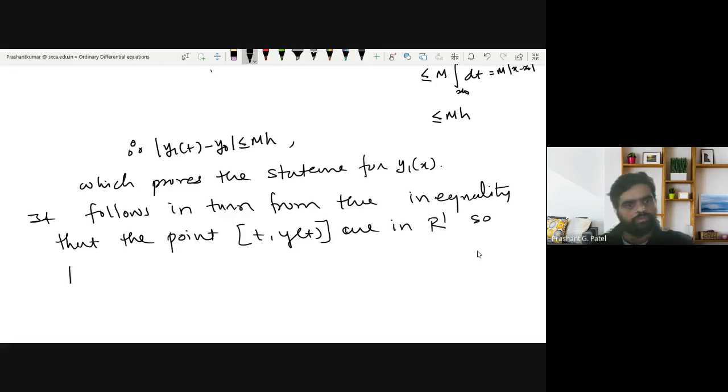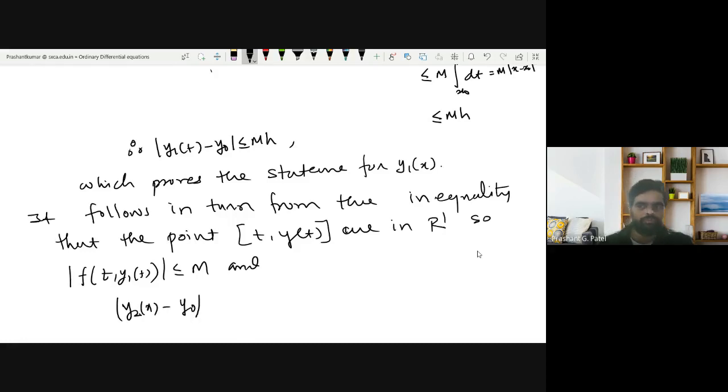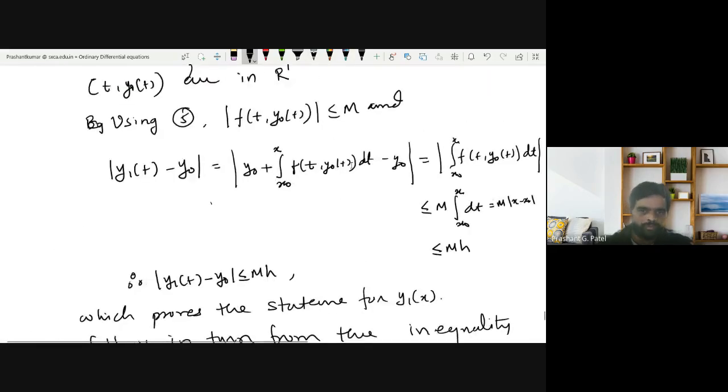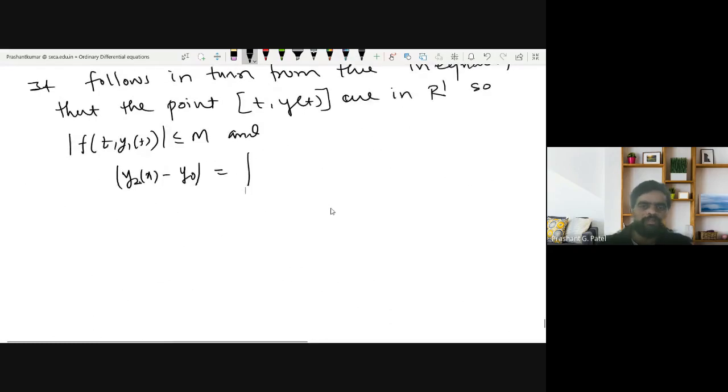So f of t comma y1 of t is less than or equal to M, and y2 of x minus y0 will be, as per the definition of y2, y0 plus integration from x0 to x of f of t comma y1 of t dt, minus y0.